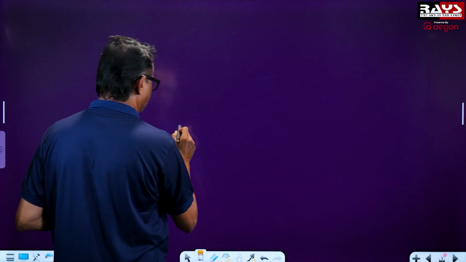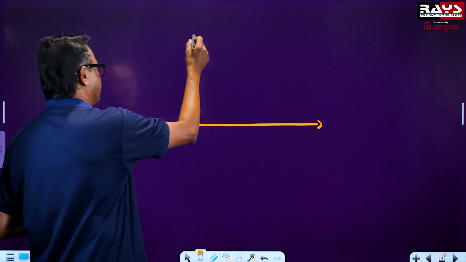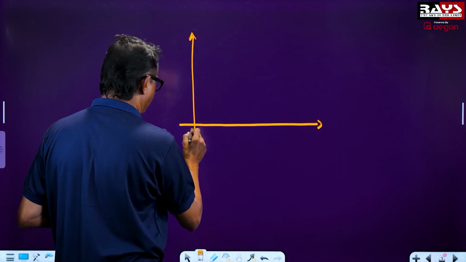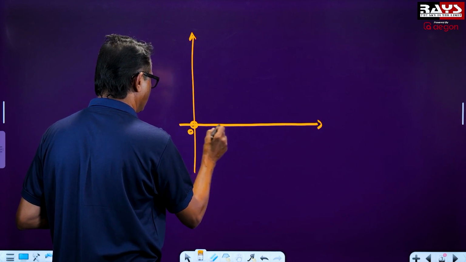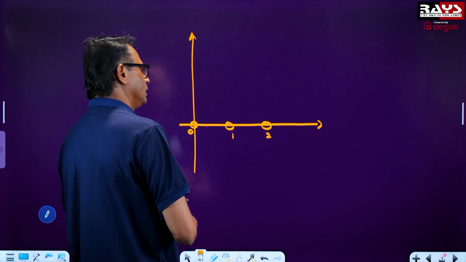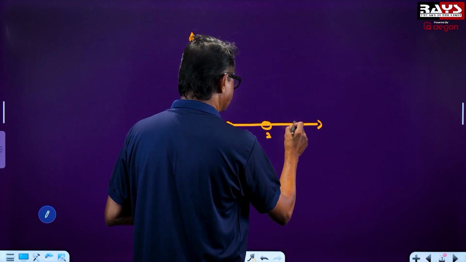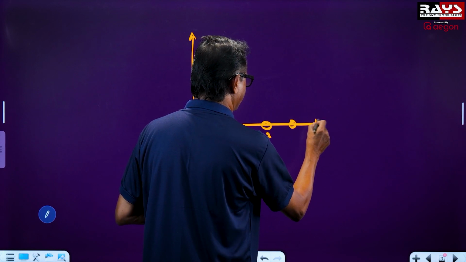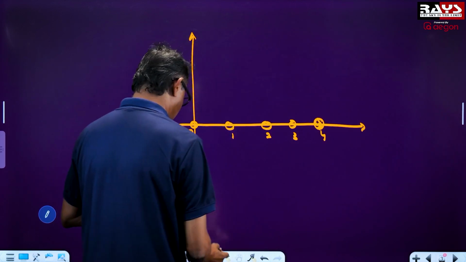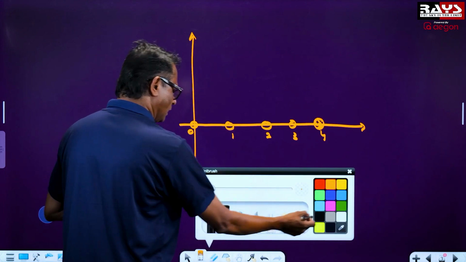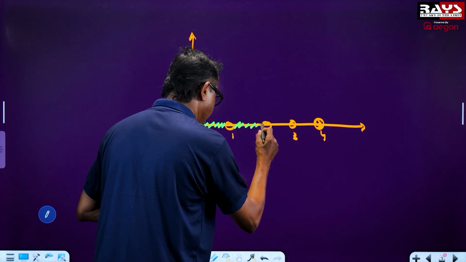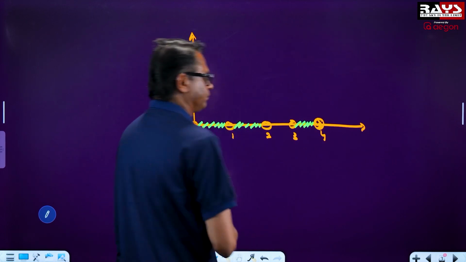Suppose I draw these intervals: the open interval (0, 1), then the open interval (1, 2), then the next open interval (3, 4). We have to consider these three open intervals.